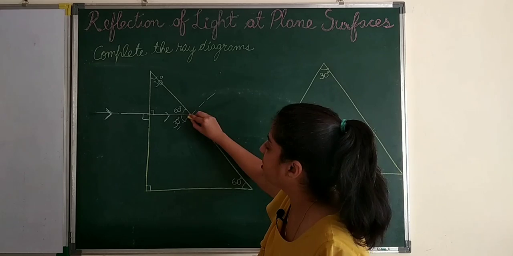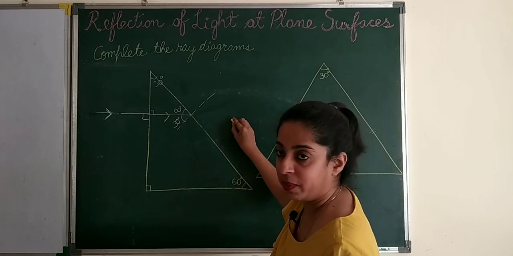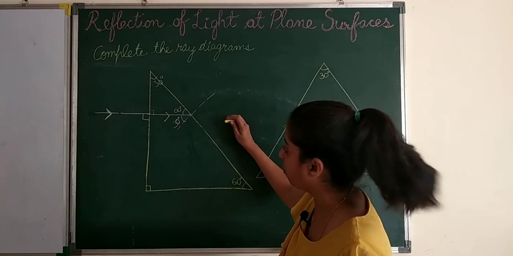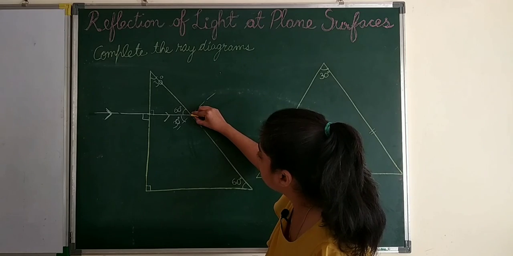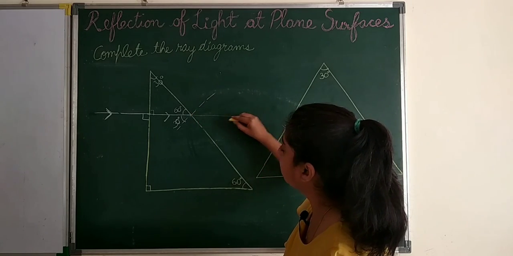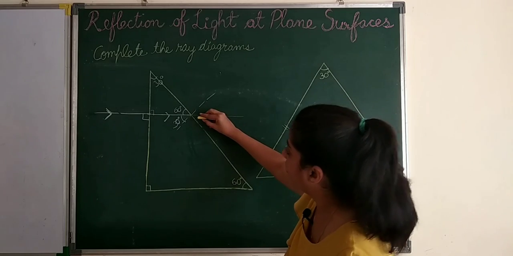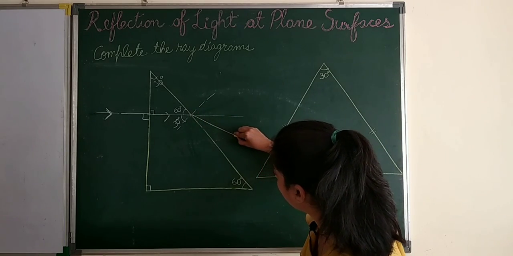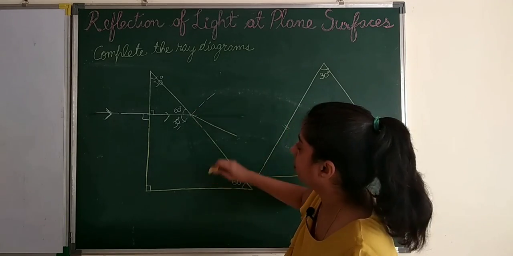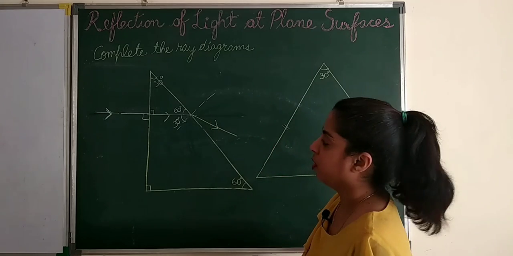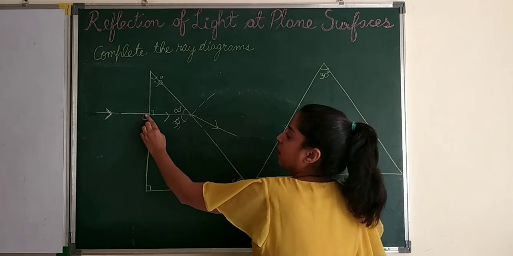Now it is going from dense medium to rare medium. Glass is the dense medium and this is the rare medium. So actually it could have gone like this, but since it is going from dense to rare, it will move away from the normal. So it will be like this. The ray came here.